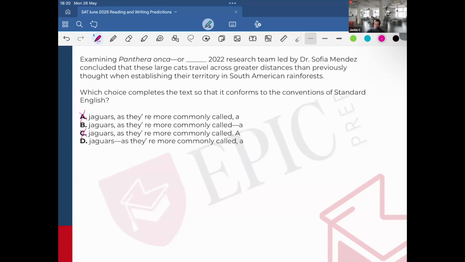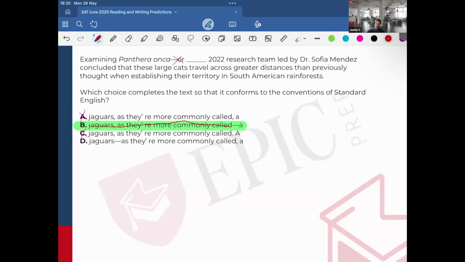And then looking at this, examining Panthera onca, or jaguars as they're more commonly called. So the one that would make most sense would be option B. Why? Because basically I'm just eliminating everything here in the sentence and also here.